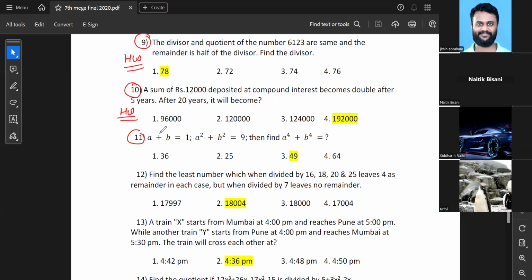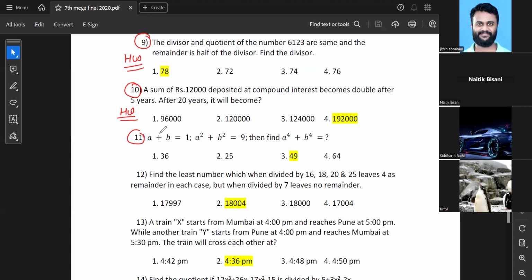Yes, please. So, sir, first I did a plus b whole square is equal to a square plus 2ab plus b square. Then I substituted the values, so I got 1 square is equal to 9 plus 2ab. So 2ab is equal to minus 8, ab is equal to minus 4.